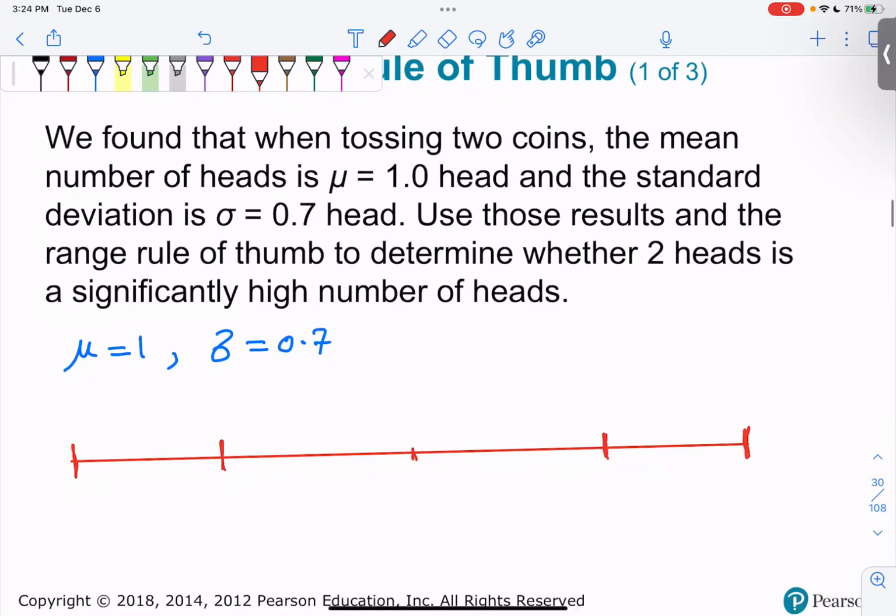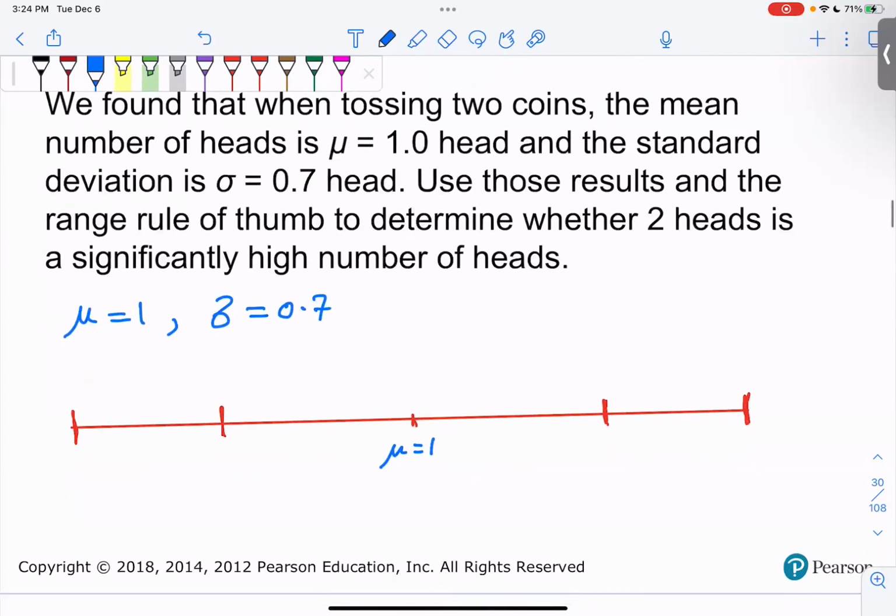So this is mu equal to 1, okay? And then we have mu plus 2 sigma, which is 1 plus 2 times 0.7 equal to what? 2 times 0.7 is 1.4. 1.4 plus 1 is equal to 2.4. Okay?